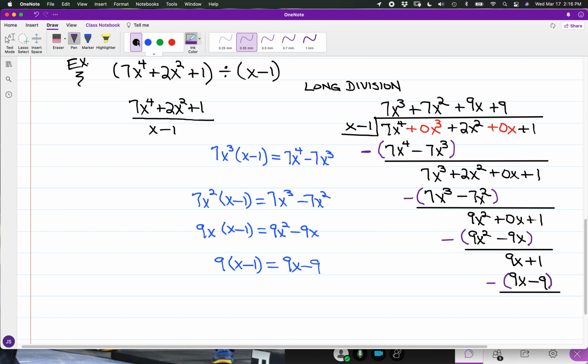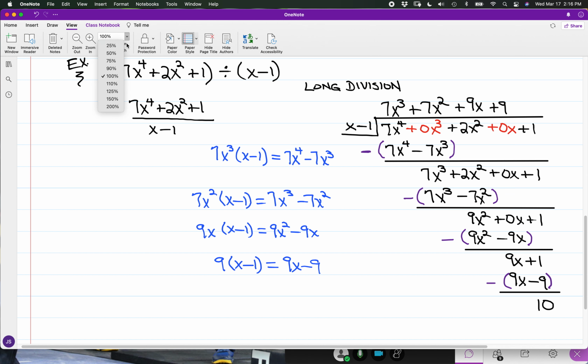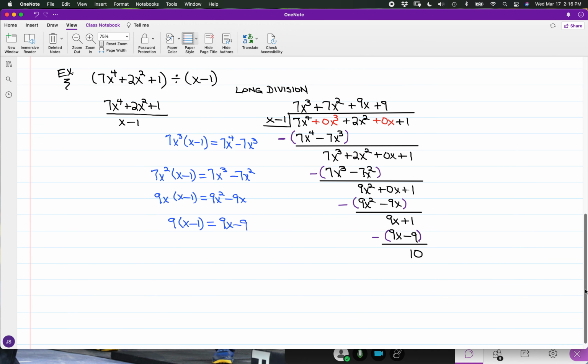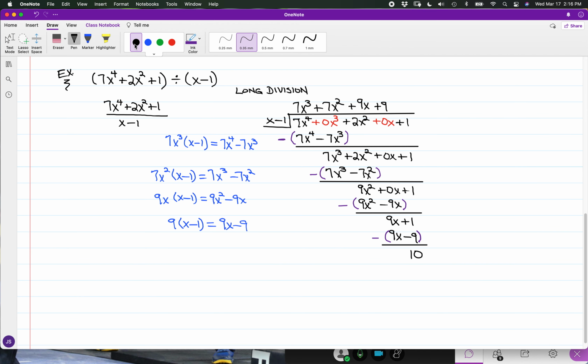So this is going to become 1 plus 9. Okay, so we have 10 left over. And I cannot take x directly into 10 since x is higher in degree than what I have with the constant value 10.